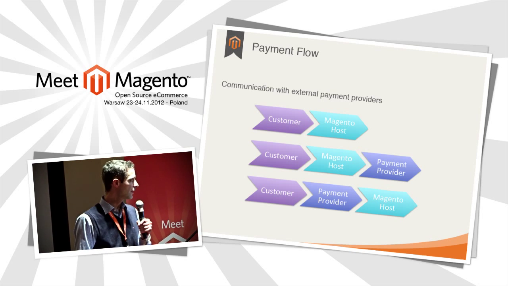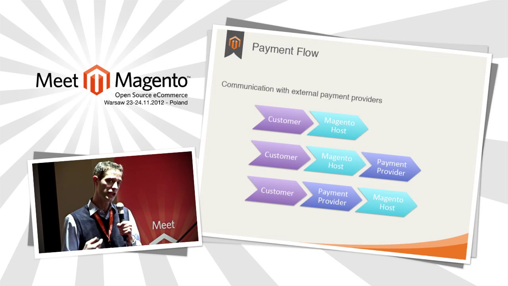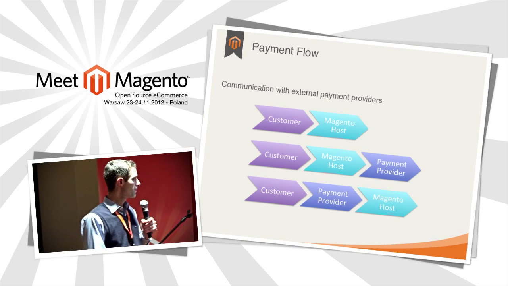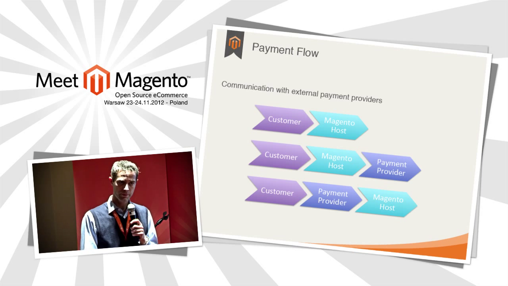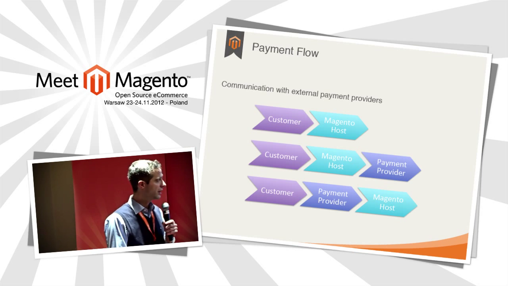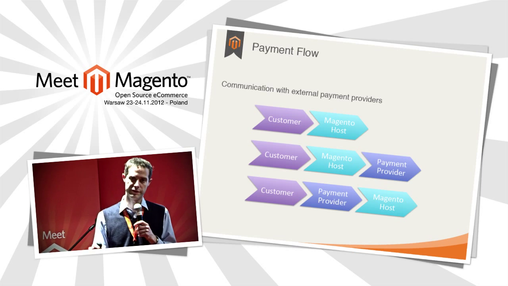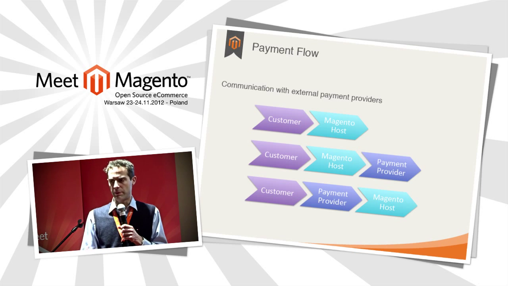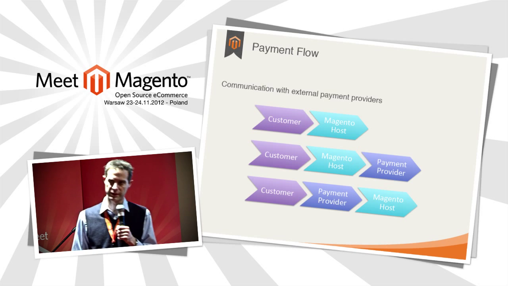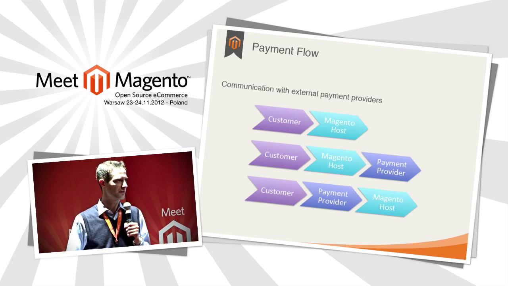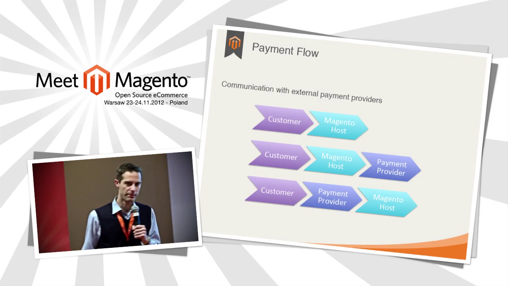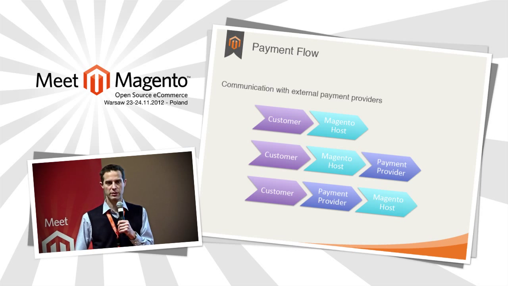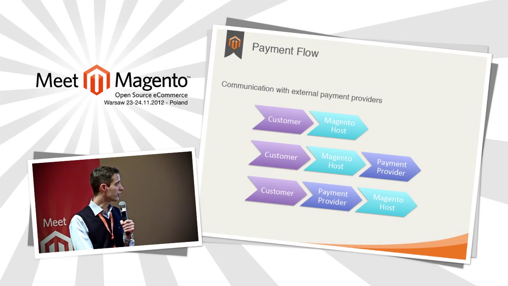The other thing that's actually much more common nowadays is the customer sends the information directly to the payment provider, and then the payment provider simply informs Magento if the payment was successful or not. So the actual payment data doesn't get into contact with Magento, and since the PCI DSS standard was introduced, that's become pretty much the norm. Back when Magento was created, this was not the norm.